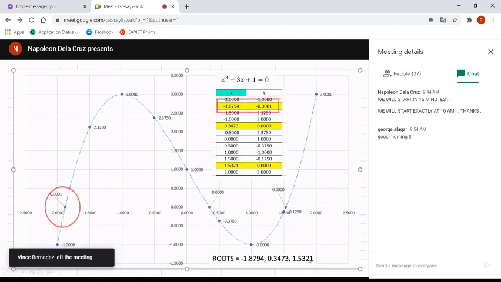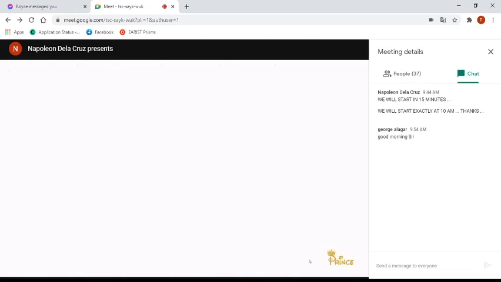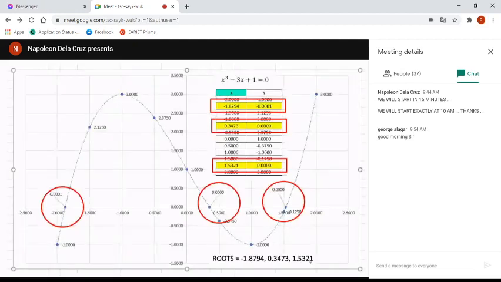Okay, followed by this. Ulitin natin. The roots are as follows. The first one is this one. The second one is this one. The third one is this one. Okay, so we have 3 roots. Any question bago tayo umalis dito?